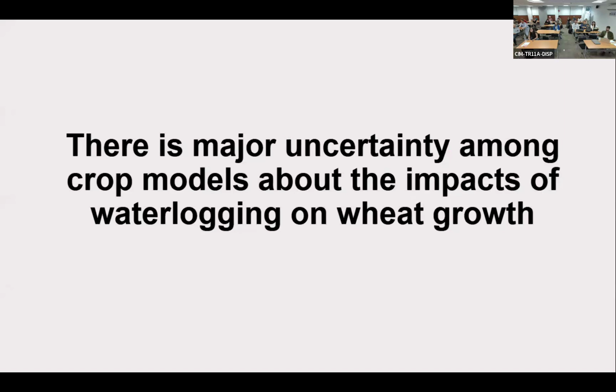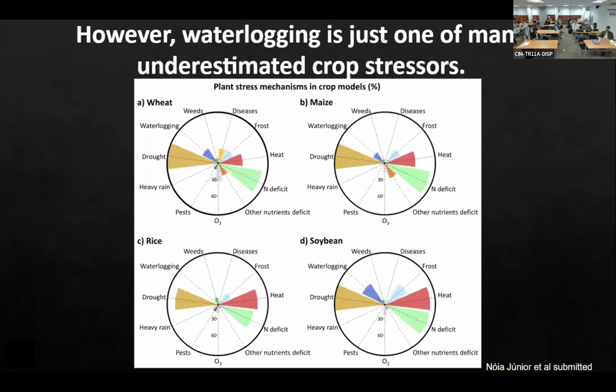The message I want to give is there is a major uncertainty among crop models about the impact of waterlogging on wheat growth. And to finalize, it's not just waterlogging. There are many other underestimated impacts. And here is the review of what types of stressors crop models consider.